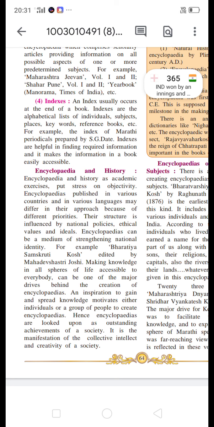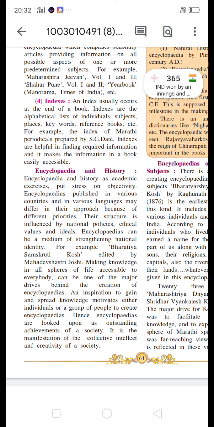Encyclopedia and History, as academic exercises, put stress on objectivity. It means that both encyclopedia and history are academic exercises, and both put stress on objectivity.